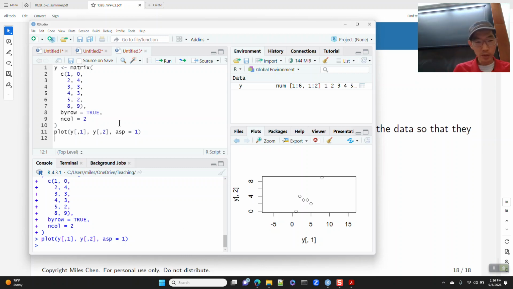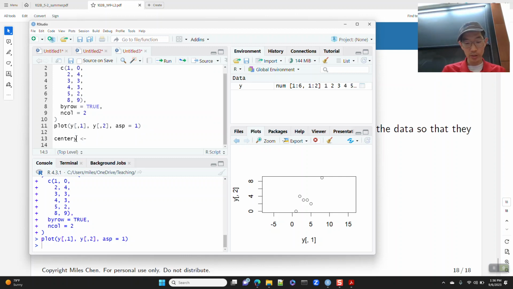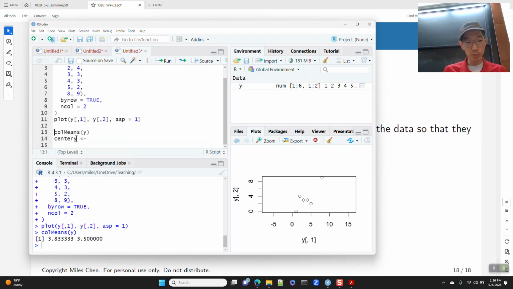Okay, so centered y is going to be the column means of y. This gives me the column means of y. So I'm going to take y and subtract off the column means of y, and then I have to transpose that back.